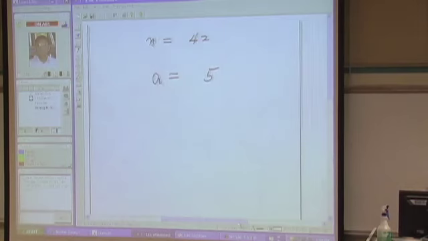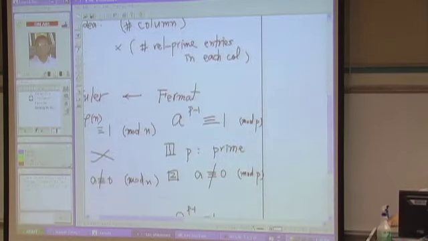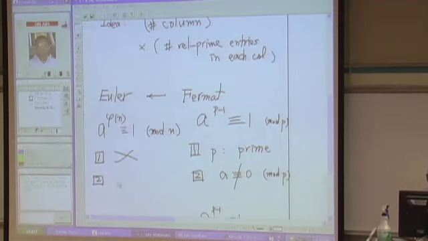So I mentioned that a mod n is not 0, but this is not enough. As you can see, I will rephrase this portion. I will say the GCD of a and n should be 1, right?